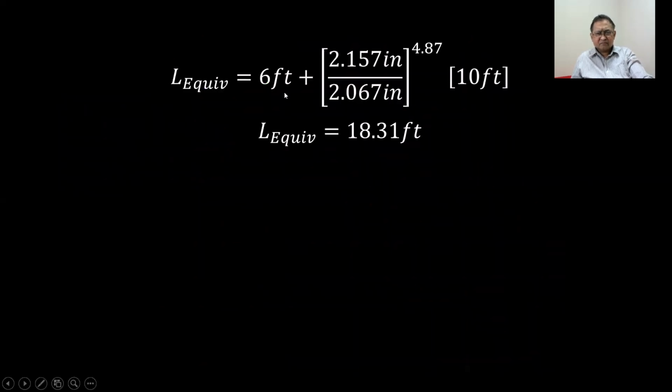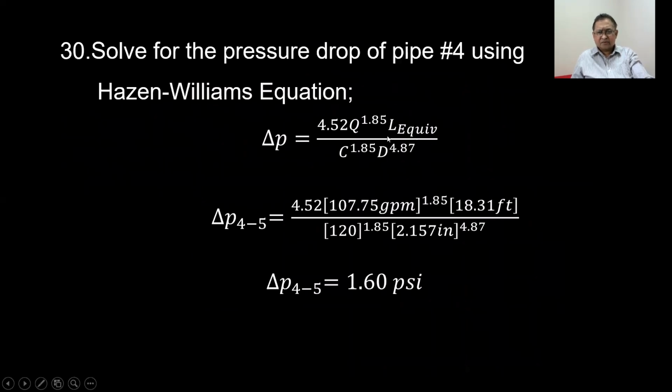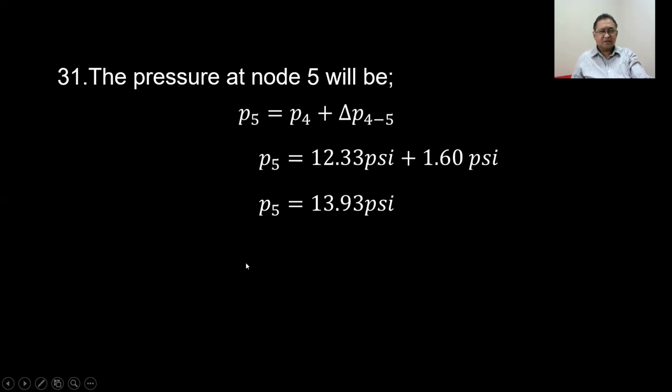So 6 feet, and this one is 2.157 divided by 2.067 raised to the power 4.87 times 10 feet, so 18.31. So we will use that equivalent length, 18.31, and the Q is 107.75, and then the diameter will be 2.157, and the result of the pressure drop between node number 4 to node number 5 will be 1.6 psi.